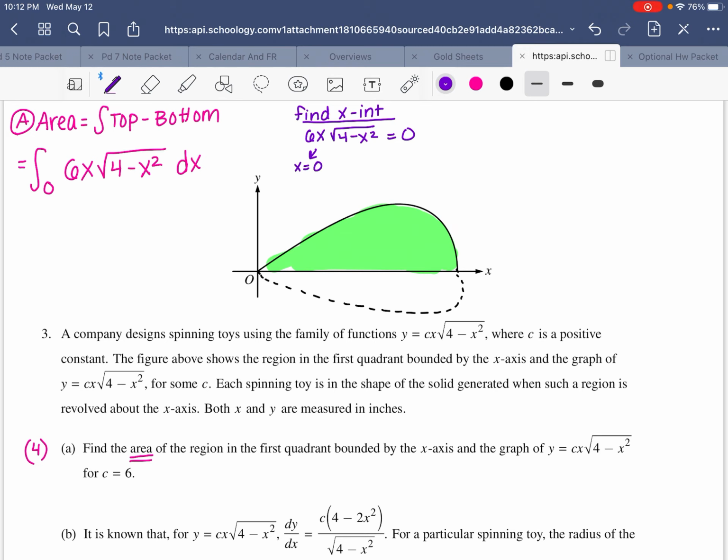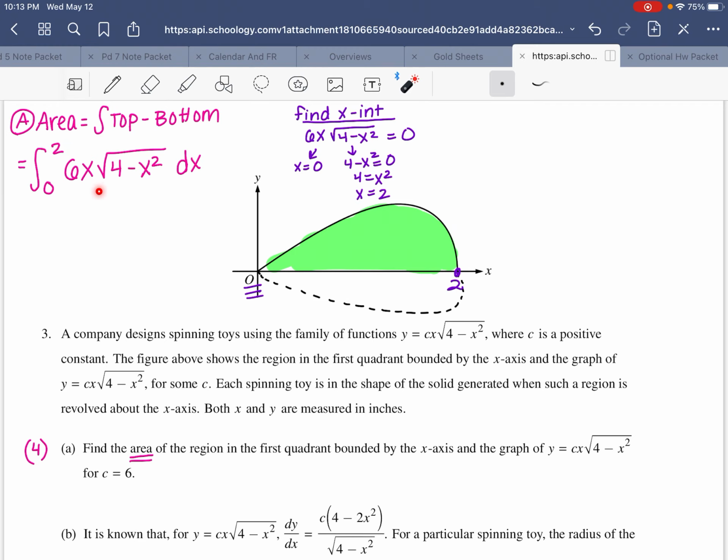It's already factored for me, so I get x is 0, which I already knew. And if I set this one equal to 0, I could square both sides. I get x equals 2 is going to be the value over here. So my bounds are from 0 to 2. So this is what I'm going to need to integrate.